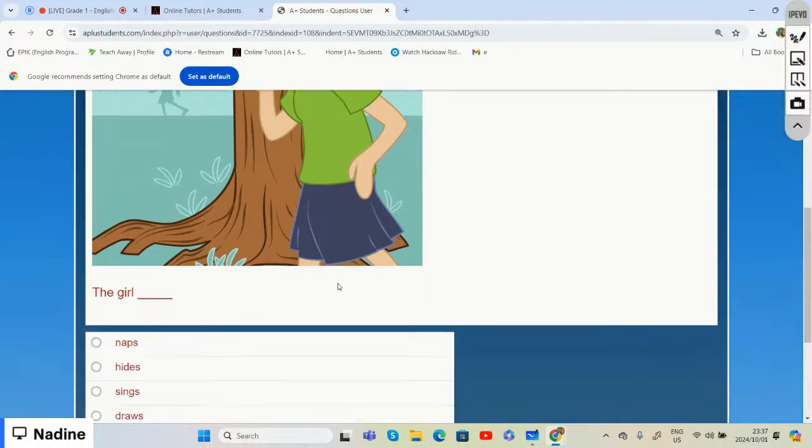So the girl, do we say the girl naps? Do we say the girl hides? The girl sings or the girl draws? What is the action verb that we can see within the sentence?